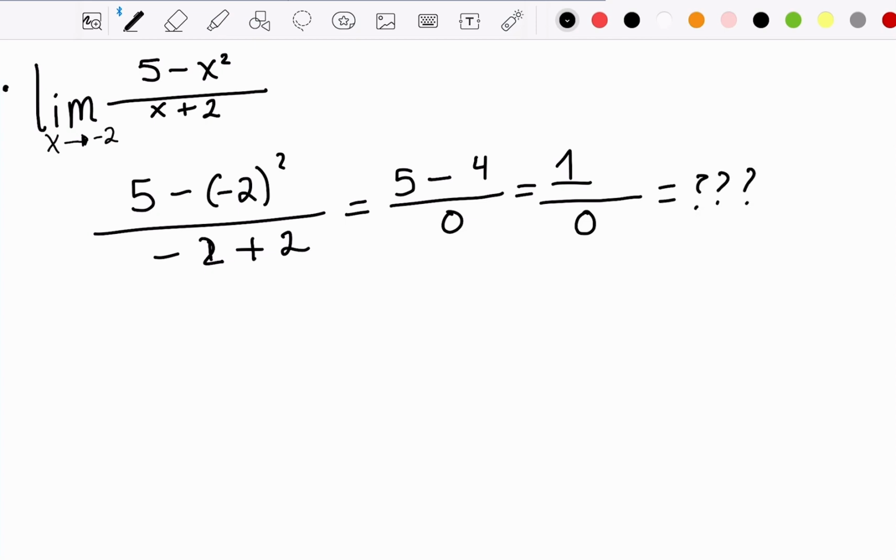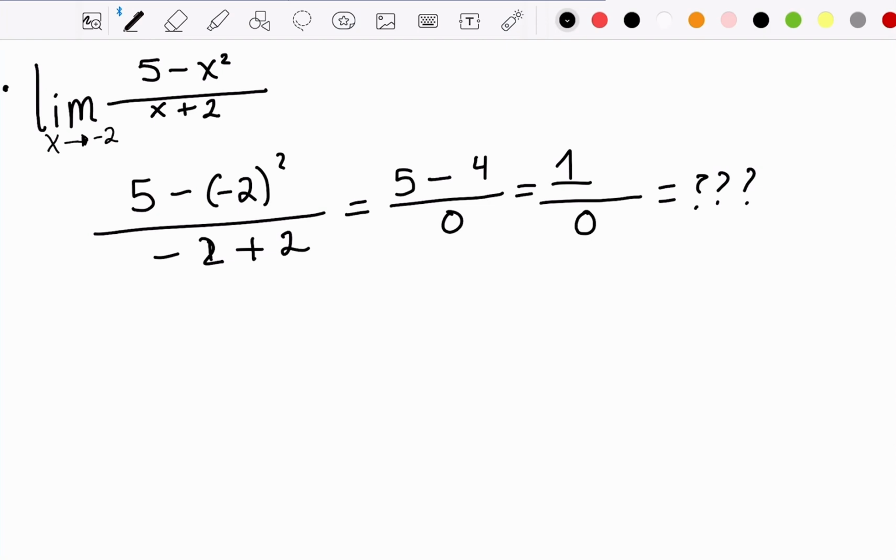This is not defined. This is a problem, because if you remember in mathematics, we can never do a division by 0. You can try to write this in your calculator, but you will get nothing but a mathematical error. The division by 0 does not exist. So what is happening here in this limit?